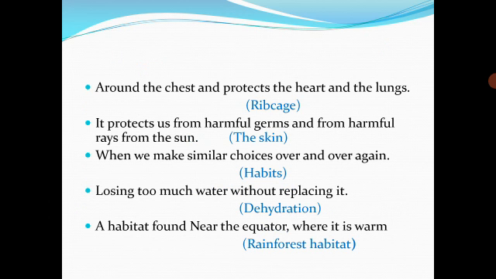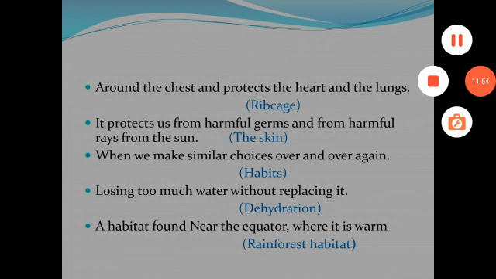We have healthy habits and unhealthy habits. Losing too much water without replacing it. Dehydration. A habitat found near the equator where it's warm. Near the equator we can find rainforest habitat. At the end, good luck dear student.